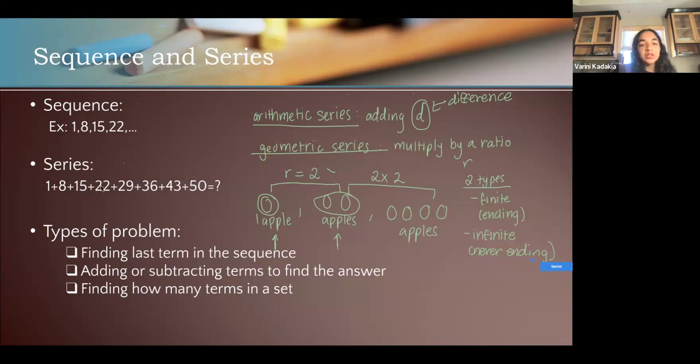You don't add a constant number, you multiply by a constant number. So let's say I changed r from 2 to 3. Then instead of having, okay, let's try this again.